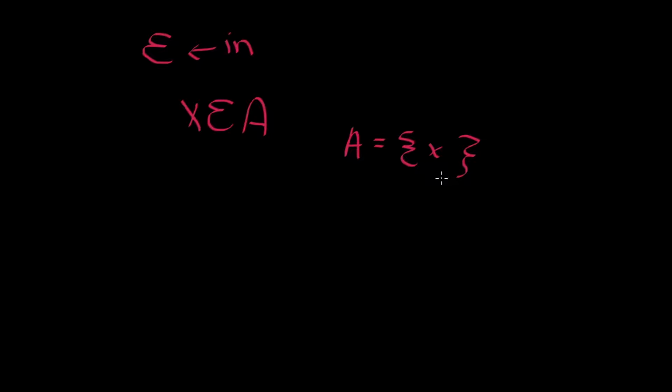Now there's a few symbols that you need to know when you're doing sets, and one of the most important things you need to know is this little symbol. It looks like an E, and all it really means is in. So if I say X is in A, that just means technically X is inside A, right?